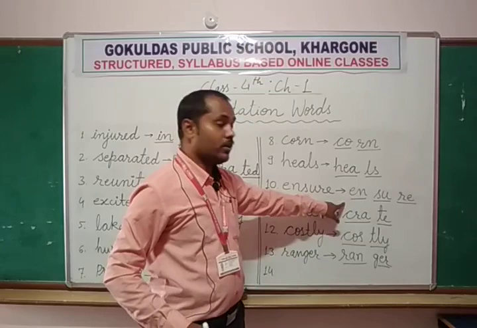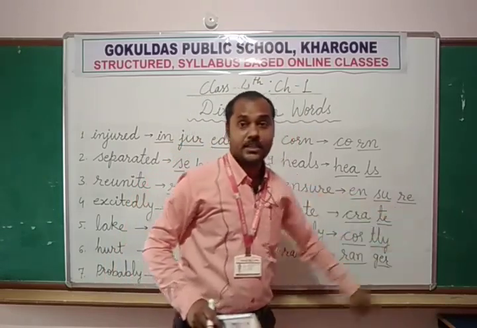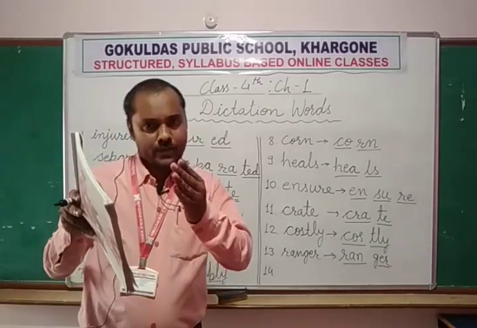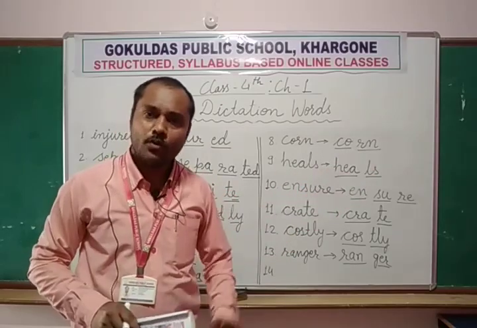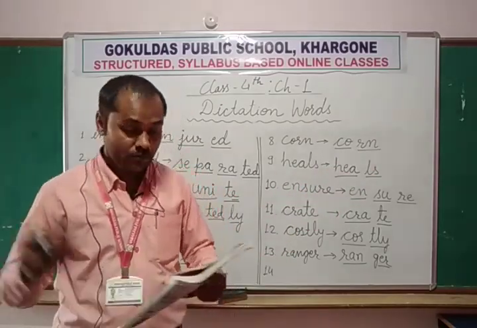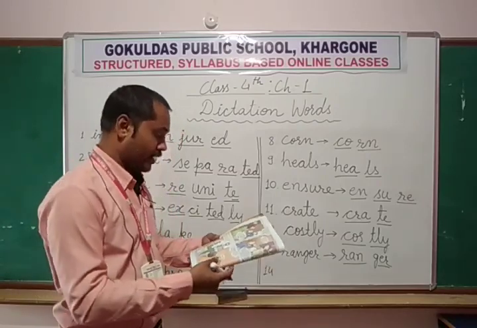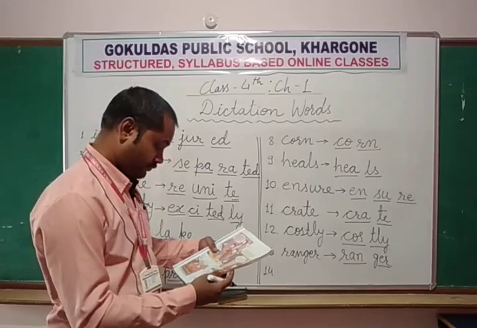And in ensure we have three syllables: one, two, three. So some words may be divided into two parts, three parts, four, five or more than five syllables. So that's easy to learn. That's how you learn the words and the spelling.